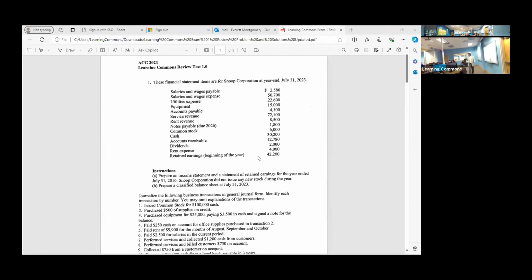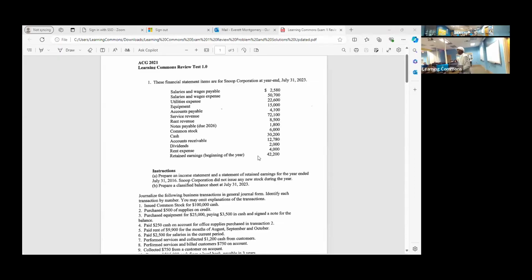So if you've got an asset, how do you increase it, with a debit or a credit? Debit. This is the framework I'm talking about. You decrease an asset with a credit. You have a liability. How do you increase a liability? Credit, right. If you've got an equity account, how do you increase it?